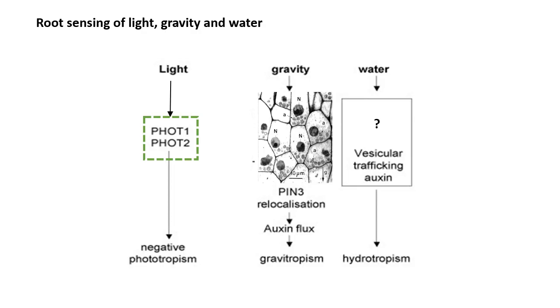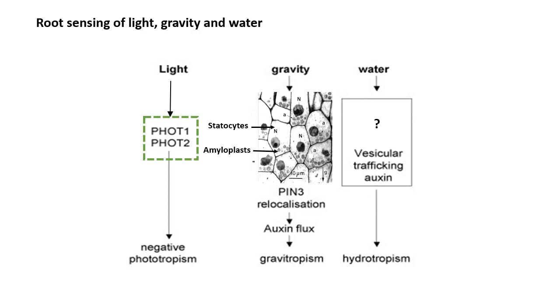Gravity is perceived by cells called statocytes, which contain starch-filled amyloplasts known as statoliths. So as you can see here, the statocytes contain amyloplasts, which are nothing but the starch filled within the cell, highlighted with the small black dots.